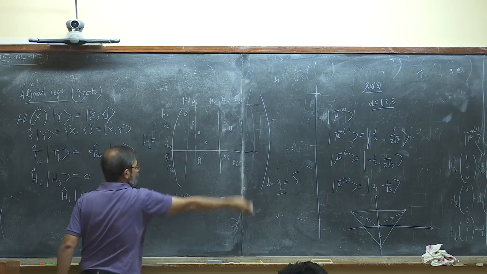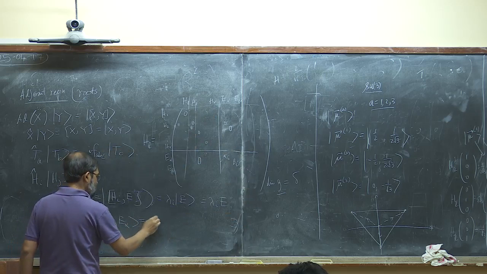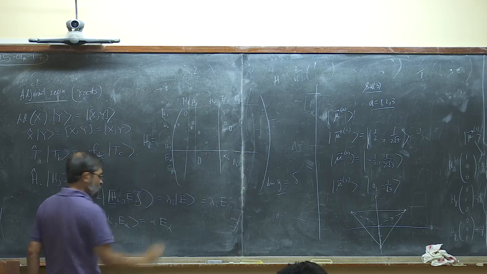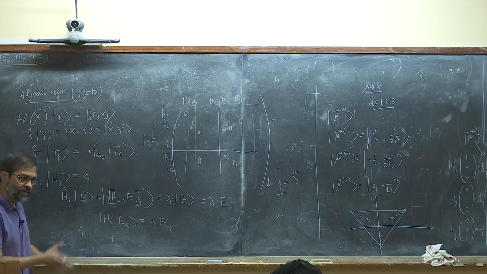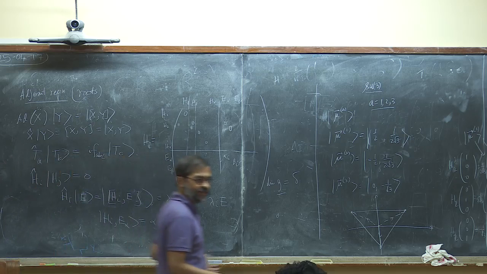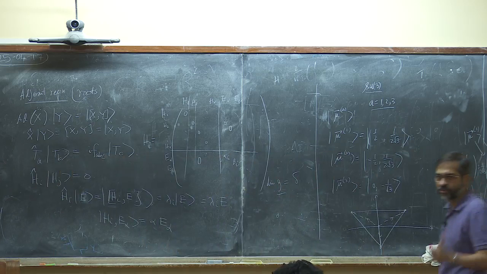How does that follow? It follows from the same thing, that mutually commuting operators can be diagonalized in any vector space. Is that clear to everybody? This is an important concept.